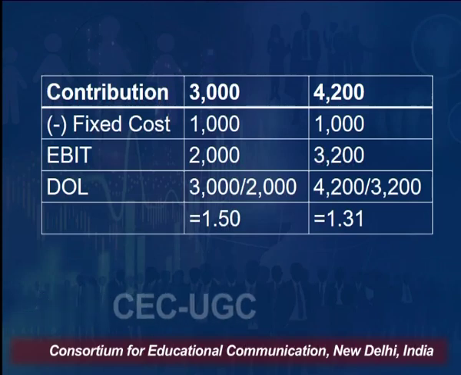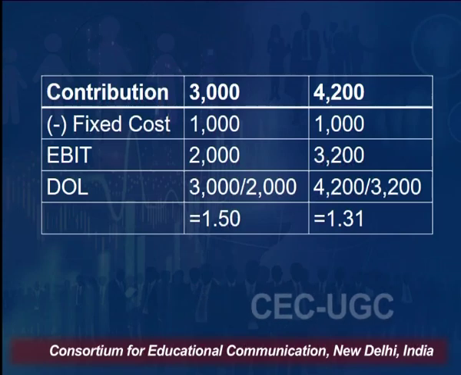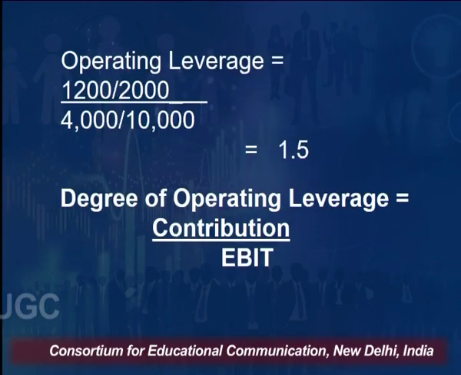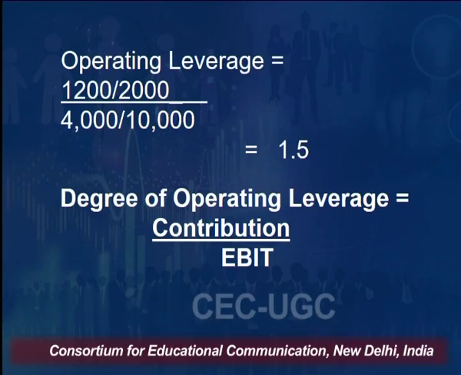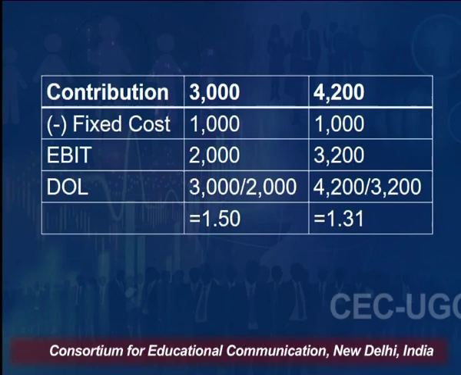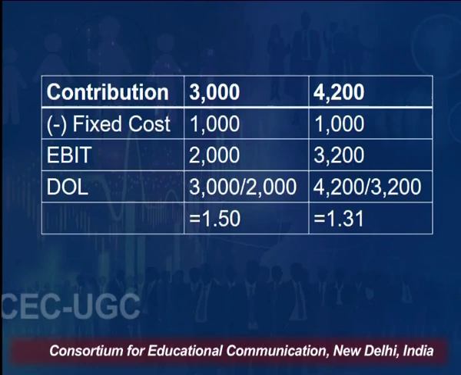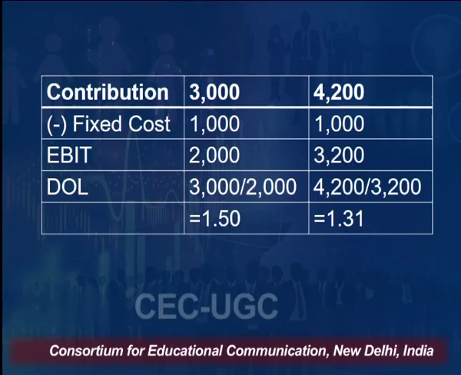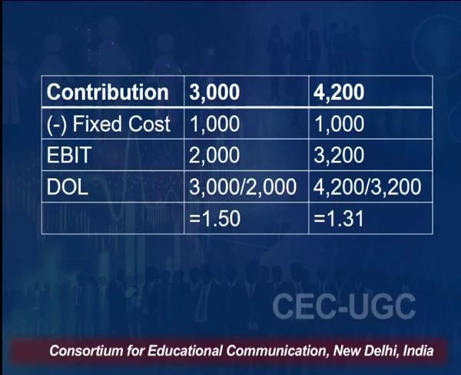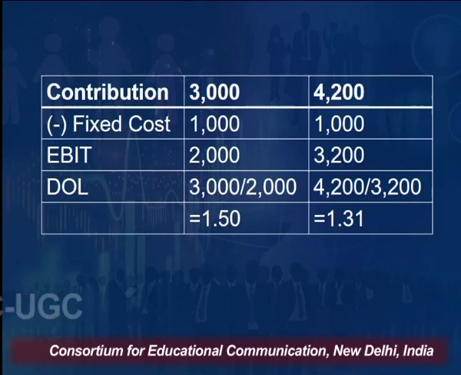By using the formula of contribution upon EBIT, our degree of operating leverage will be equal to 3,000 divided by 2,000 in the first case, that is 1.5, and 4,200 divided by 3,200 in the second case, which is 1.31. So, this is how we can calculate our degree of operating leverage.